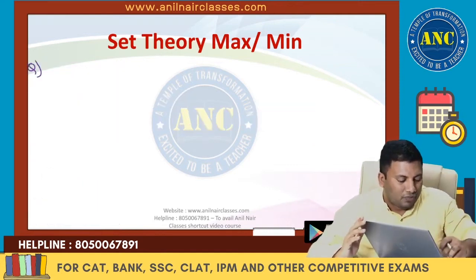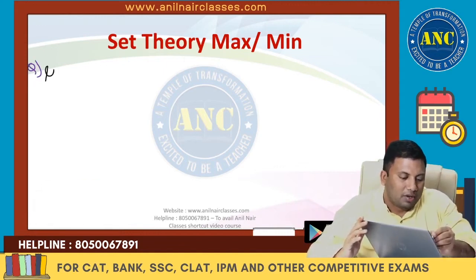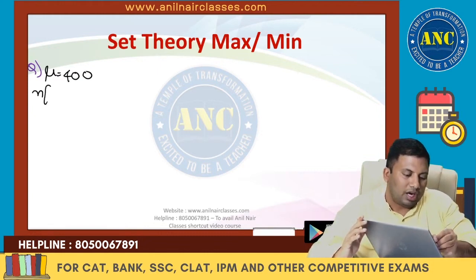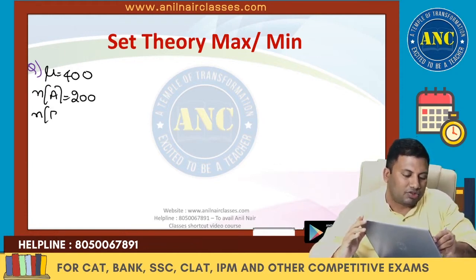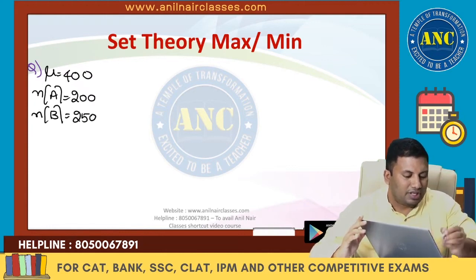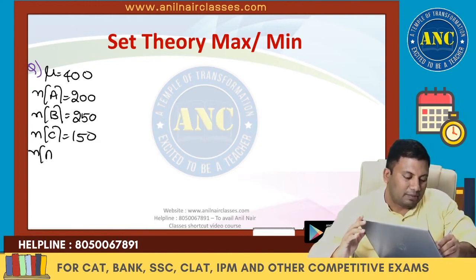Third one, original management exam question with no change in values. Mu is nothing but 400. N of A is 200. N of B is 250. N of C is 150.